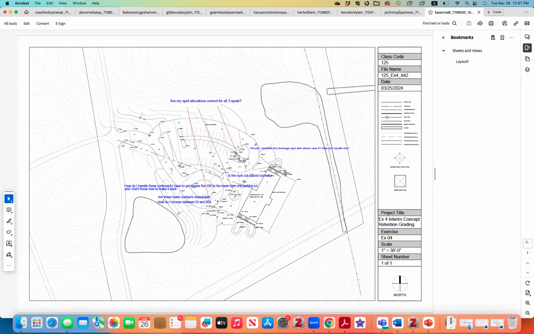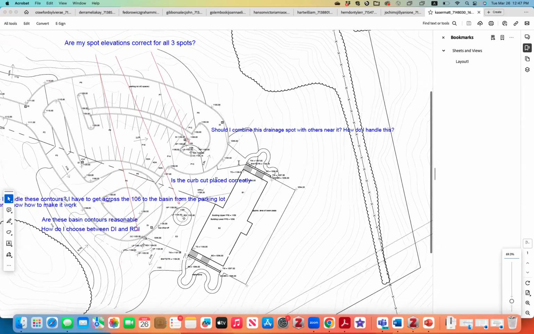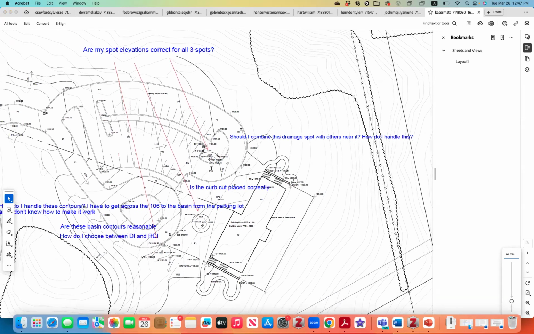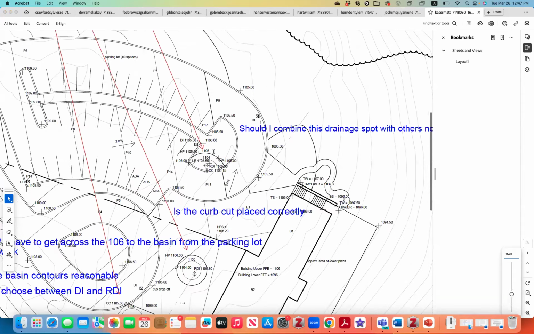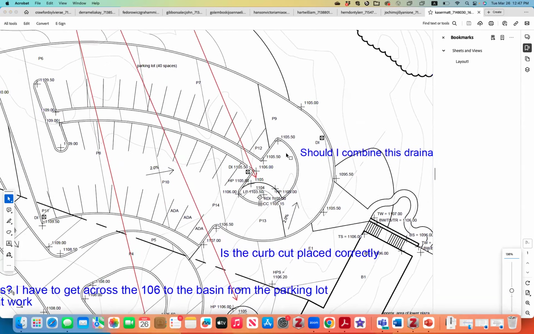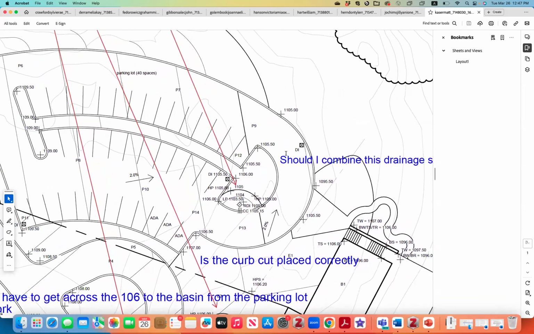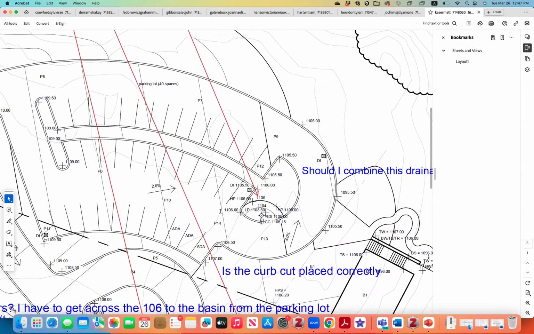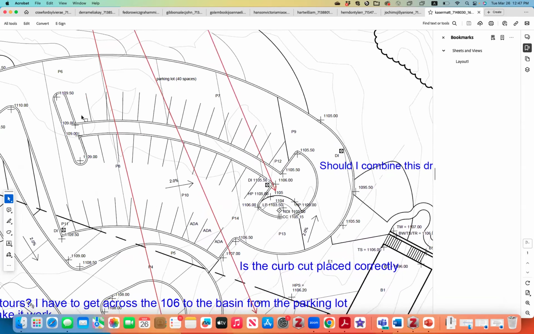Right. So let's take a look at this one. Should I combine this training spot with others near it? Well, I would say you have a pretty spacious medium.